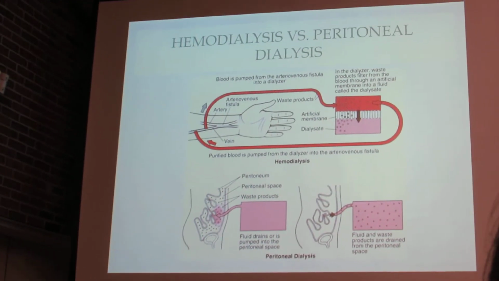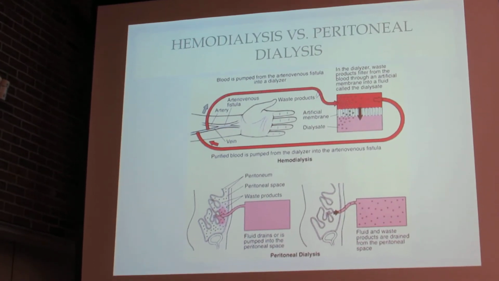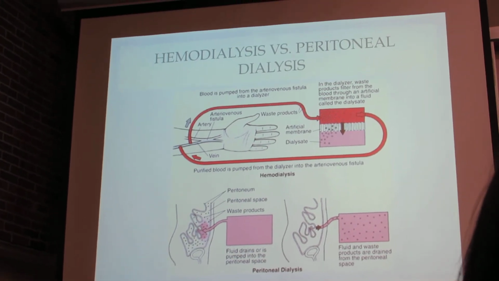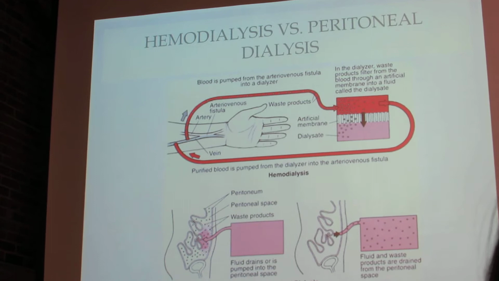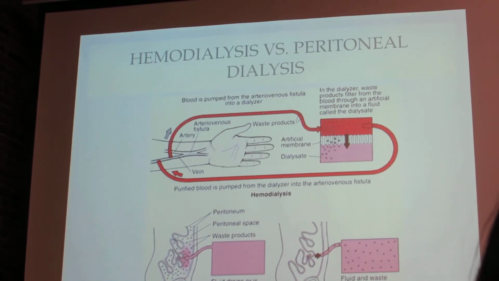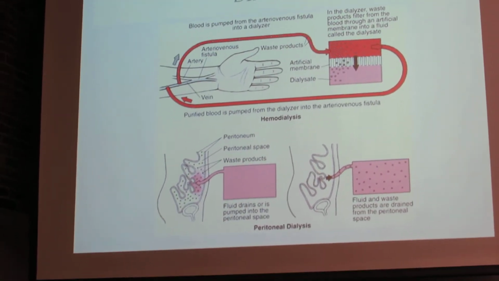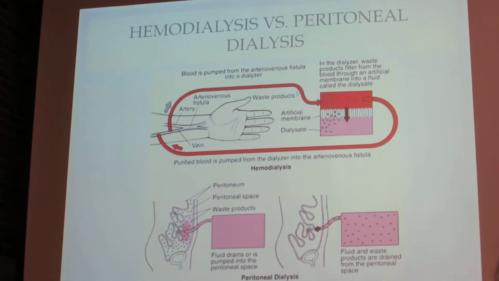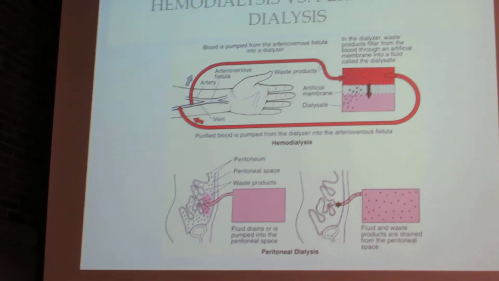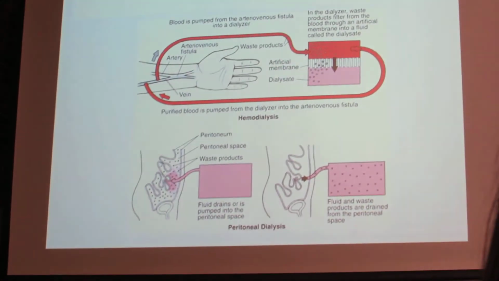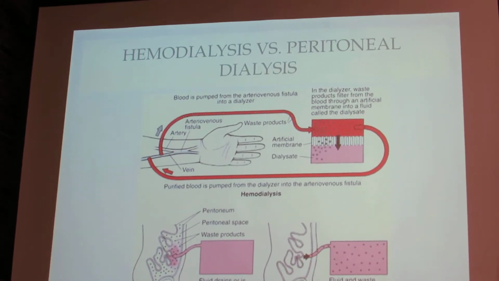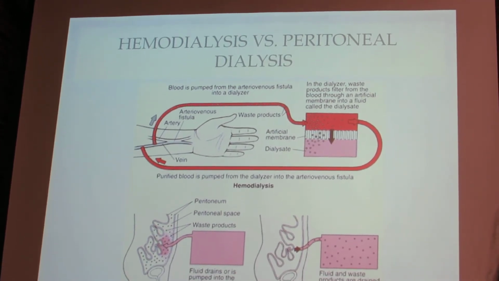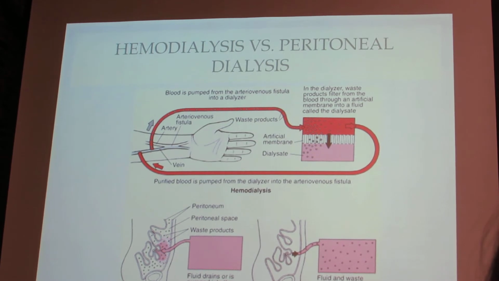So in hemodialysis, there's a graft or fistula that's usually inserted into the forearm, and that's connected to a dialyzer that filters and reabsorbs all the different necessary solutes from the, I guess you could say, infected blood, and then that just feeds good blood back into the circulatory system.